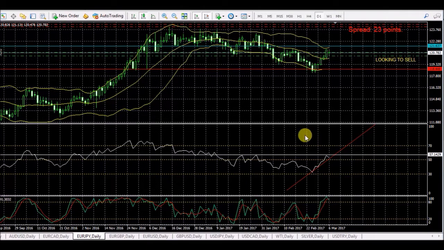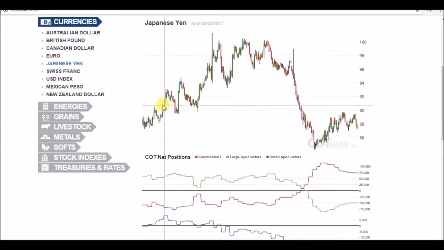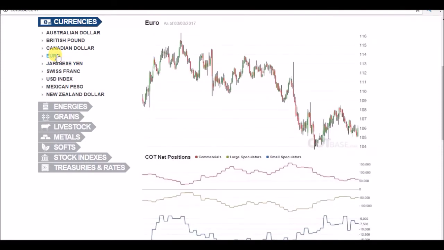Yes, Euro. We'll look at the graph for the Euro on the commitment of traders. This doesn't show such a clear picture. On the graph you really can't see anything that makes a lot of sense. So this is the way I use this graph.